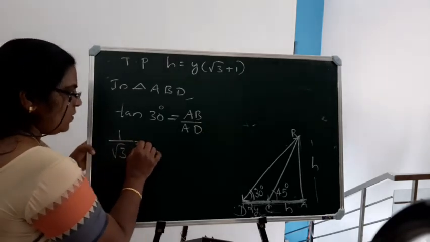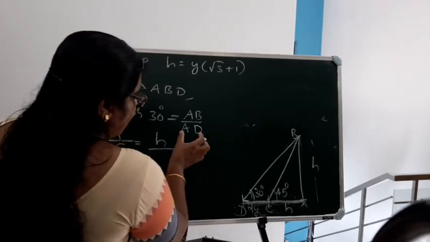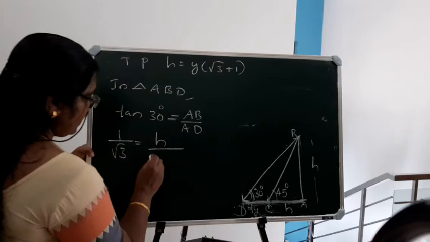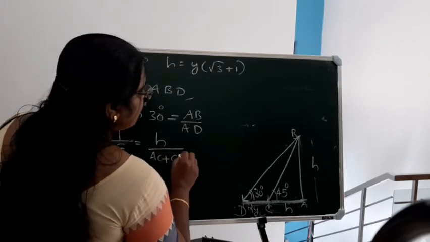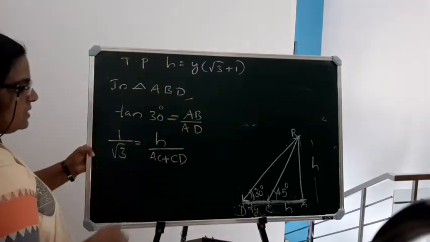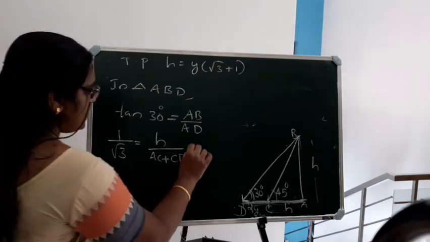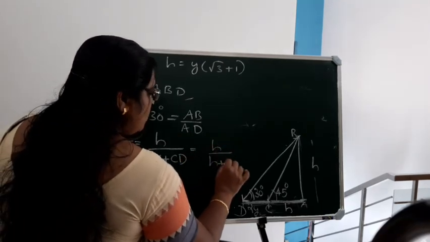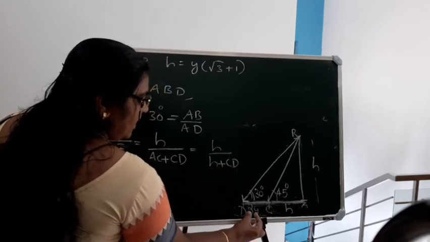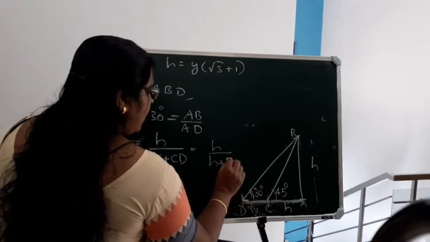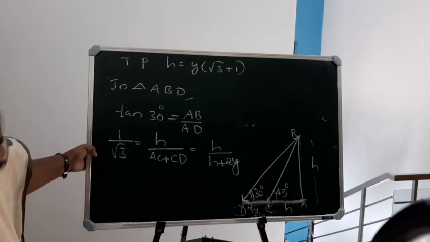So 1 by root 3 is equal to h by AD, where AD is AC plus CD. Our AC is equal to h, so this is h by h plus CD. And CD is already given, it is 2y meter. So we can write CD is 2y.